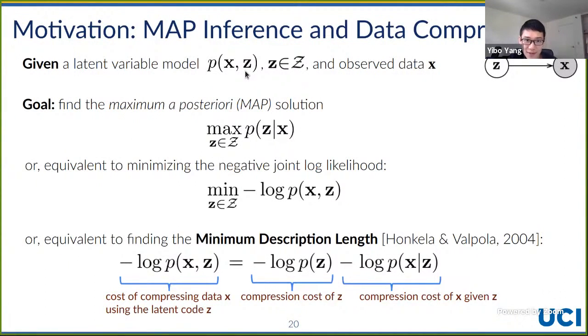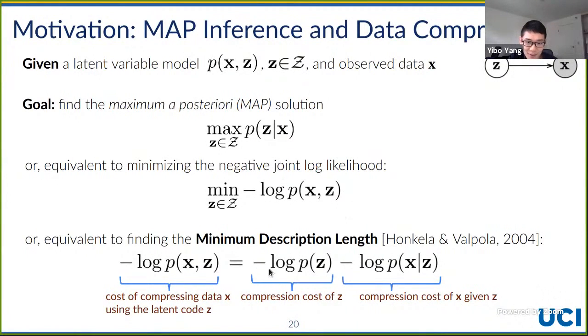It's usually factorized in terms of a prior distribution over Z and a likelihood distribution of X given Z. The problem here is that we observe some data X, and we want to find the most likely value of Z that gave rise to X. This is what's known as the MAP estimation problem. And you can pretty easily show that this is equivalent to trying to minimize the negative joint log likelihood.